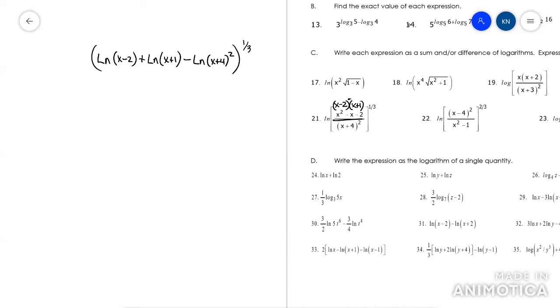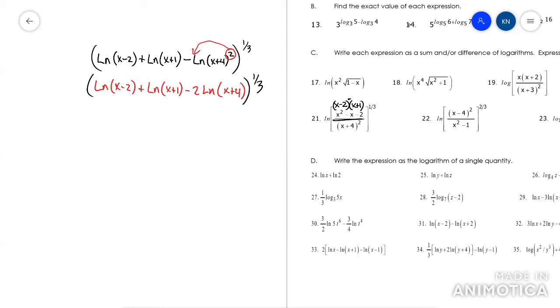I haven't even touched that yet. I'm still not going to, because I'm going to handle this 2 first. So it's going to be ln of x minus 2 plus ln of x plus 1 minus 2 ln of x plus 4. And then it's all to that 1/3.